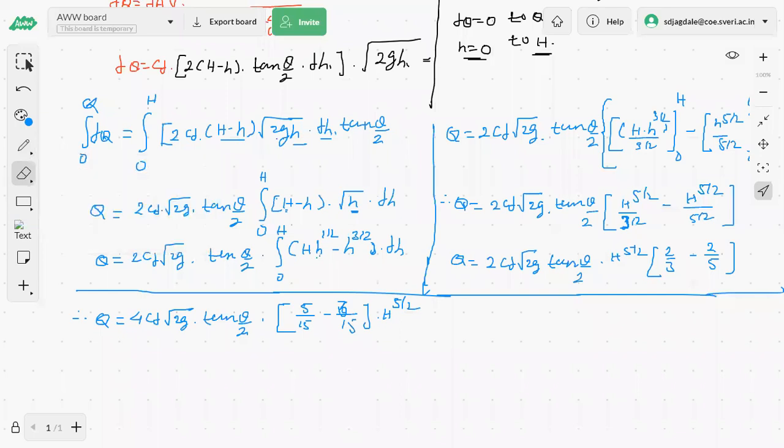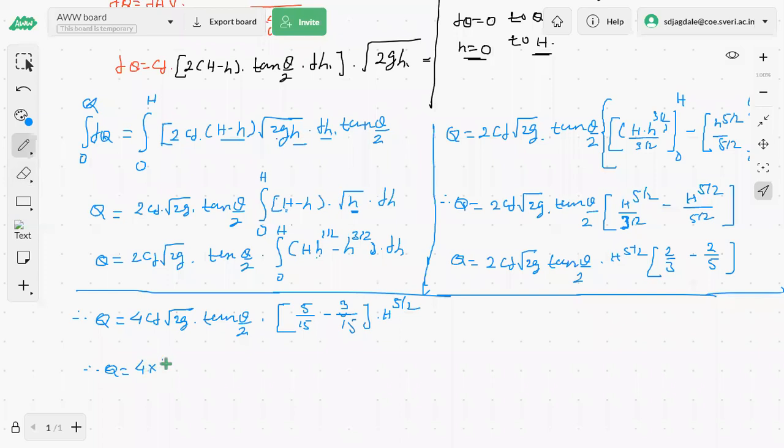Just a minute. I would like to write that once again. By mistake I have written there as a 5. This will become as a 3. Now what is the ultimate equation? Therefore Q is equal to 5 by 15 minus 3 by 15. How much is it? 2 by 15.